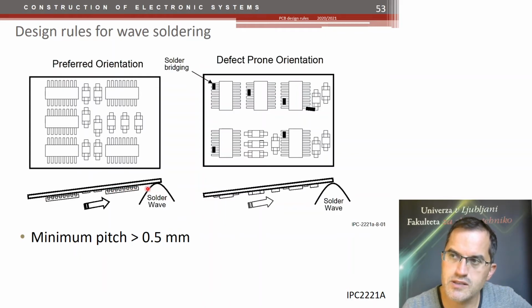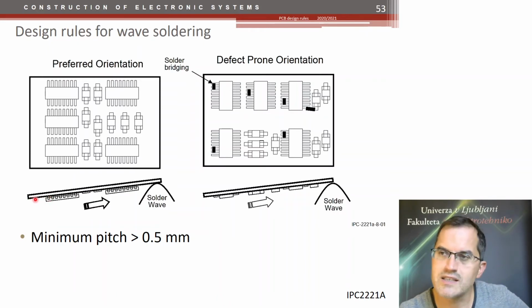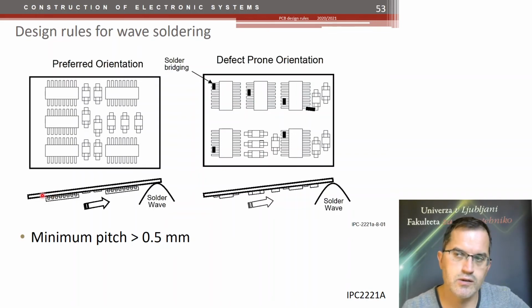So when it comes to the pins, a big bump of solder gets stuck on the pin, and then when it moves, it starts to jump from pin to pin. And when it comes to here, it jumps to the next component, and then to the next component, and then to this one, and so on. And when it comes to the end, it has nowhere to go. You have to provide a space for this solder bump to finish its journey.